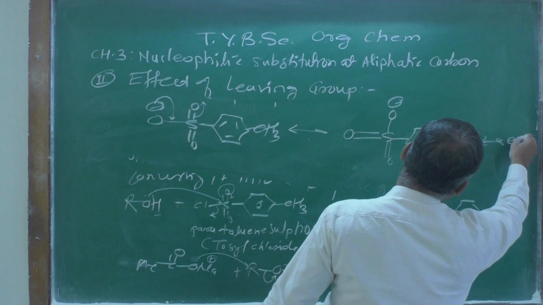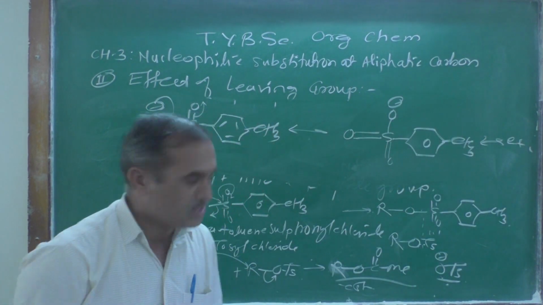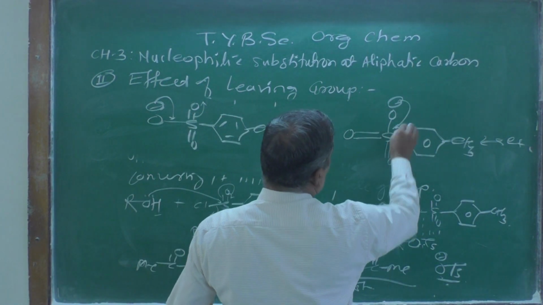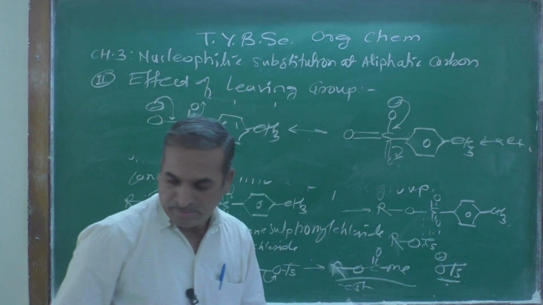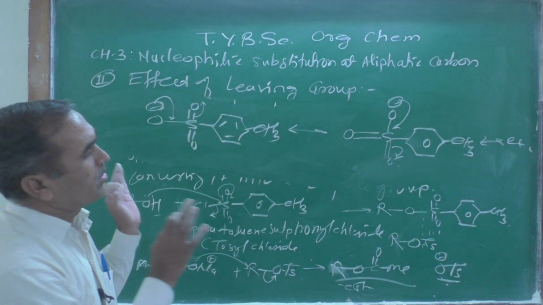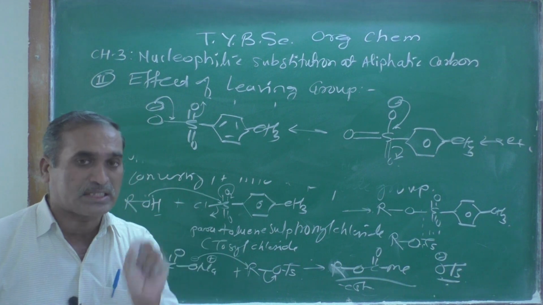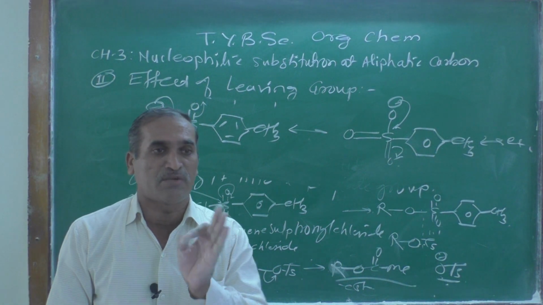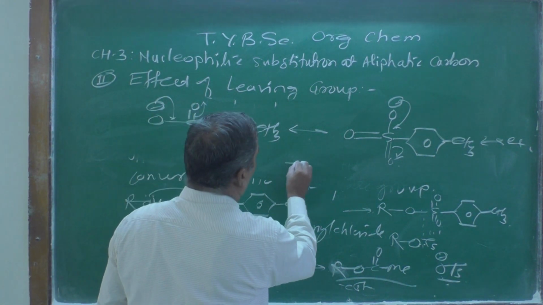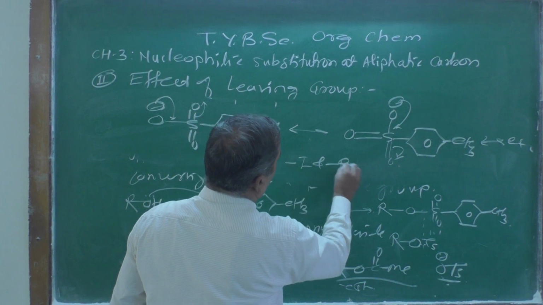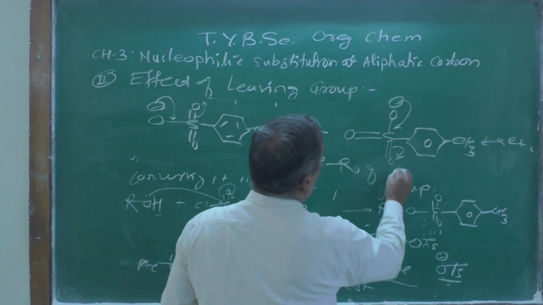So in this way it gets resonance, meaning this is an excellent leaving group. Tosyl group is an excellent leaving group because it is well stabilized due to the minus R effect of the sulfonyl group, S double bond O.